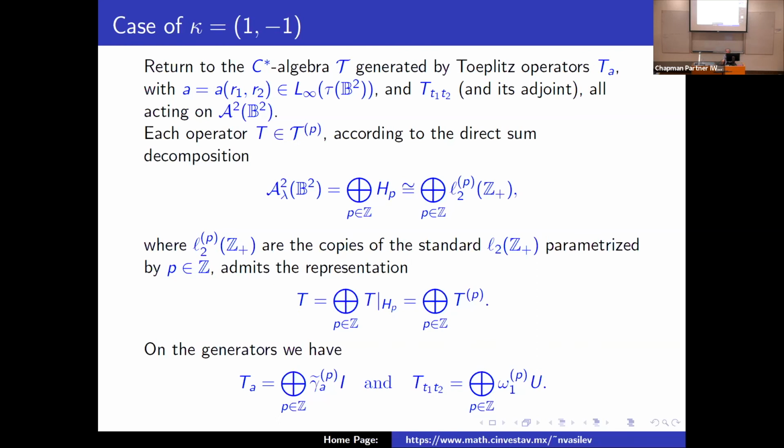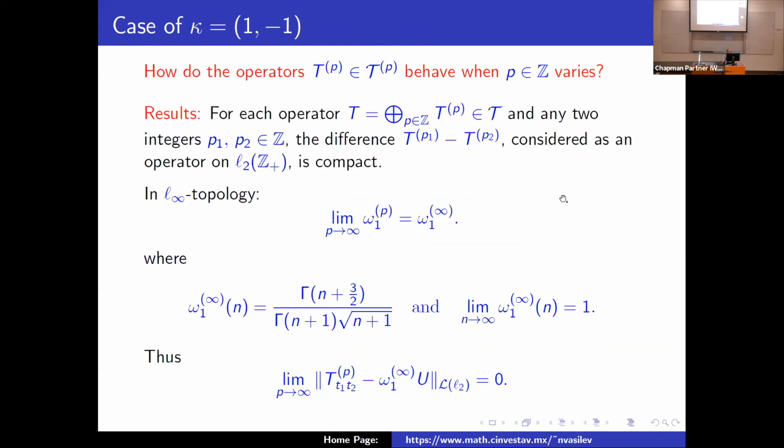If we identify each level with a standard L2 space, then the Toeplitz operator will act differently. Weights for shifts will tend to the same sequence, which has limit 1. So this is exactly the unilateral weighted shift for each level.